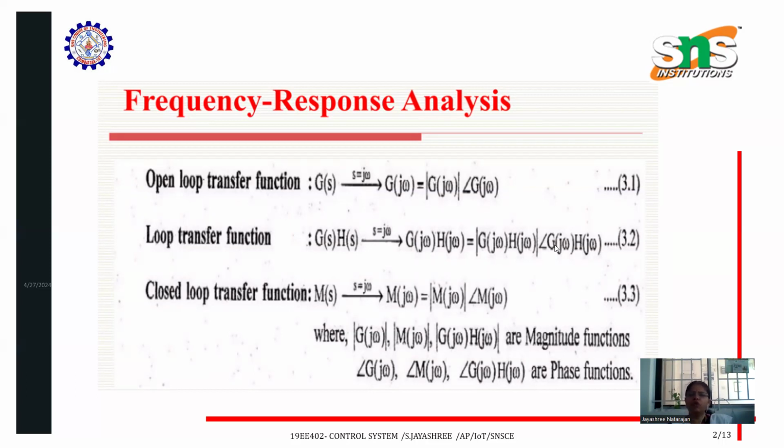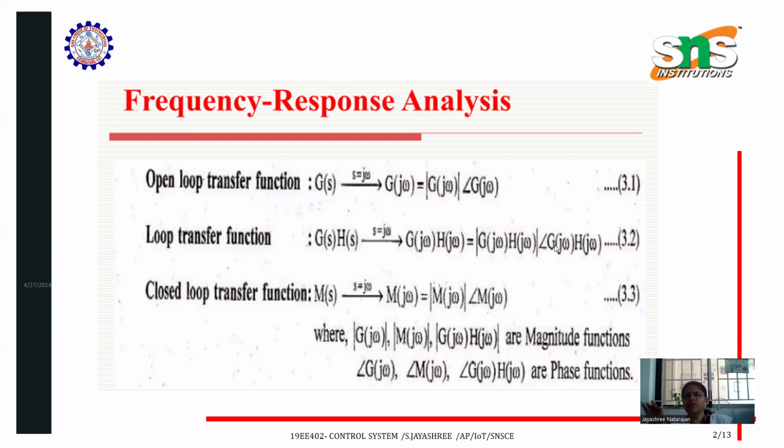This is the loop transfer function, and with feedback we get a transfer function like this. Then the closed loop transfer function M of j omega equals the modulus of M of j omega into the angle of M of j omega.